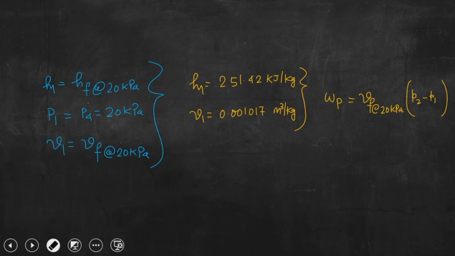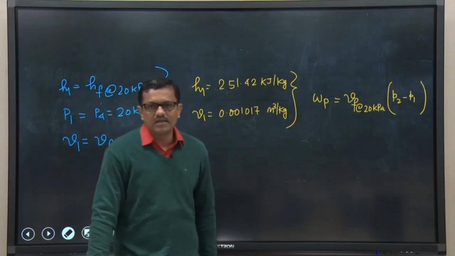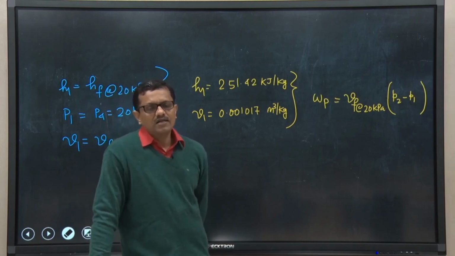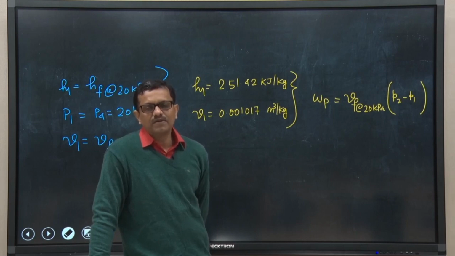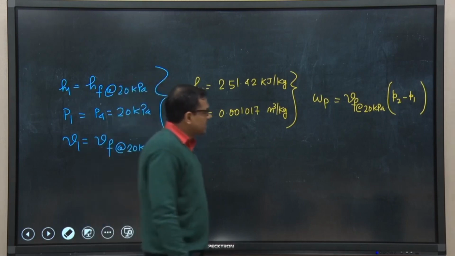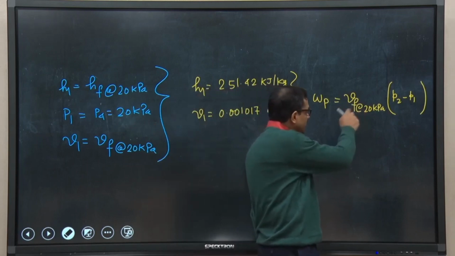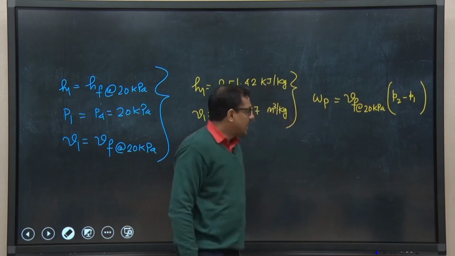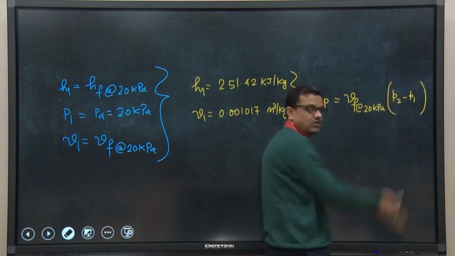So, we had discussed that the work added to the pump is not PdV, rather it is VdP. Whether the process is a reversible isothermal process or a reversible adiabatic process, the work done is always VdP, that is what we had established in one of the previous classes. So, what is VdP? This is the volume of liquid corresponding to the condenser pressure, and this is the change in pressure. In fact, the pump is responsible to build up this amount of pressure.